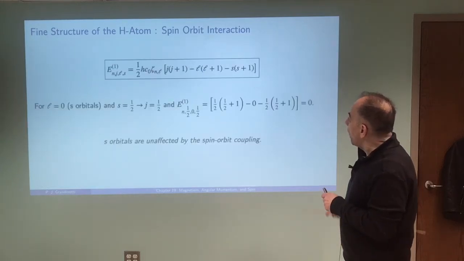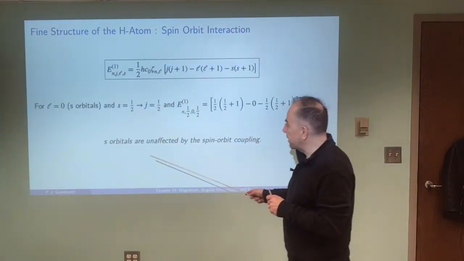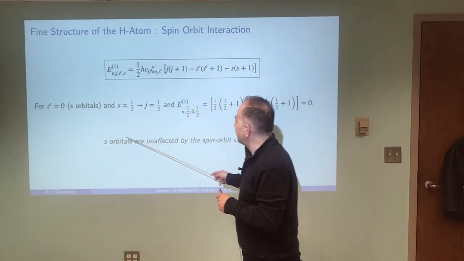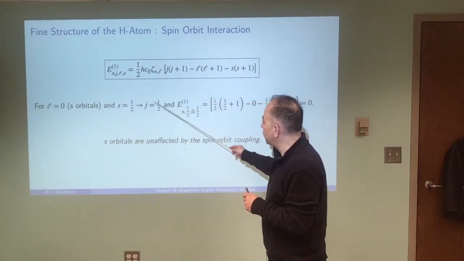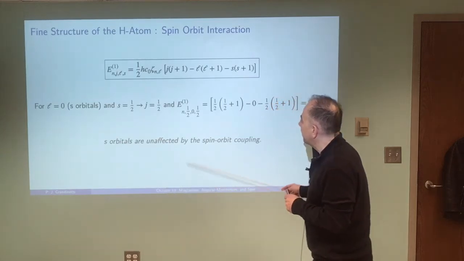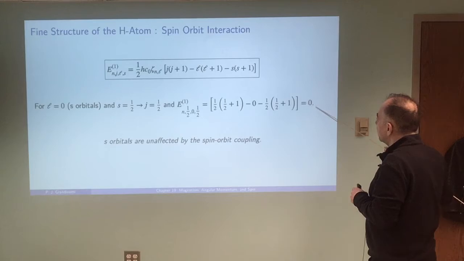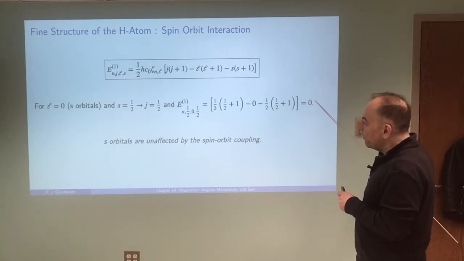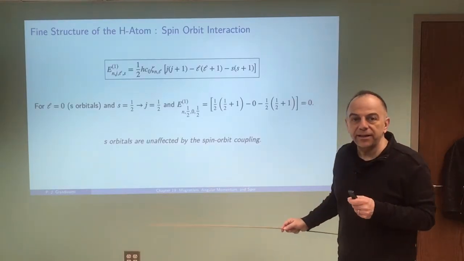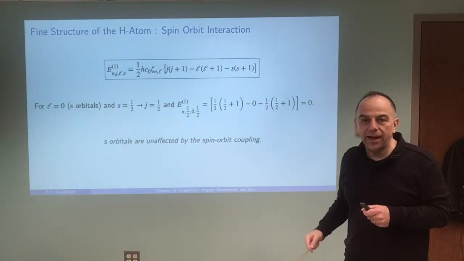Now, we can look at this for s orbitals where L equals 0, S equals half. We know a total J of half. Then if you calculate that out using this expression here, you actually get a value of 0. So what you find is that the s orbitals are completely unaffected by the spin orbit coupling.